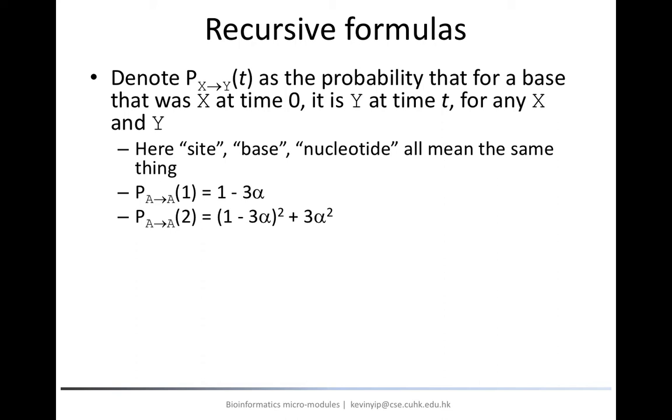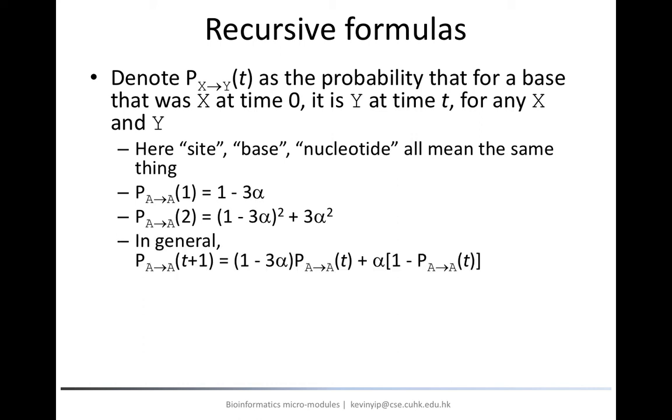Similarly, we just showed that p A to A bracket 2 is the square of 1 minus 3 alpha plus 3 alpha squared. In general, p A to A bracket t plus 1 is the sum of two parts, namely the situation that the site was also A at time t and the situation that it was something else at time t. The probability for the site to have A at time t is p A to A bracket t, and we multiply it with 1 minus 3 alpha, since it does not mutate further from time t to time t plus 1.